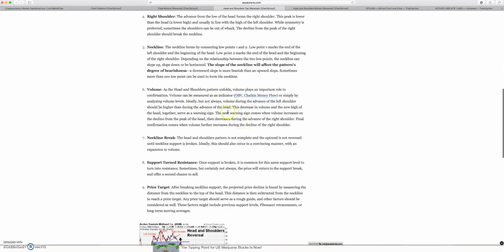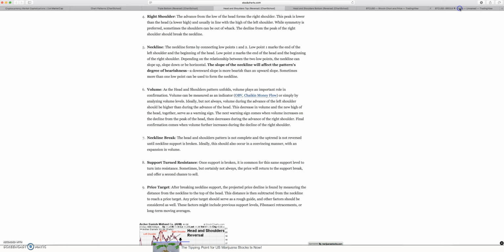We don't really need to get too much into it. Volume, I guess, is pretty important. As the head and shoulders pattern unfolds, volume plays an important role in confirmation. Volume can be measured as an indicator or simply by analyzing volume levels. Ideally, but not always, volume during the advance of the left shoulder should be higher than during the advance of the head. So this decrease in volume and the new high of the head together serve as a warning sign.